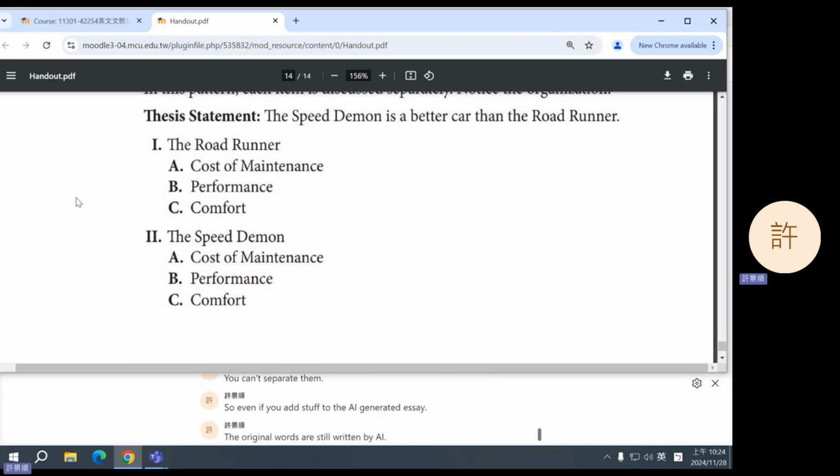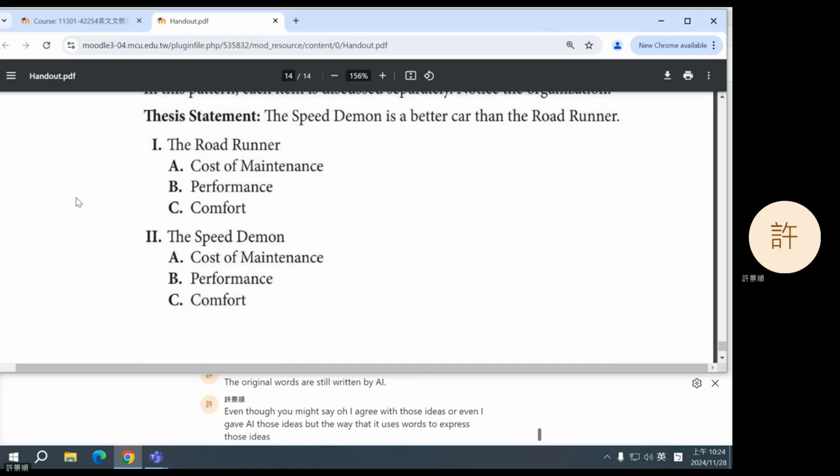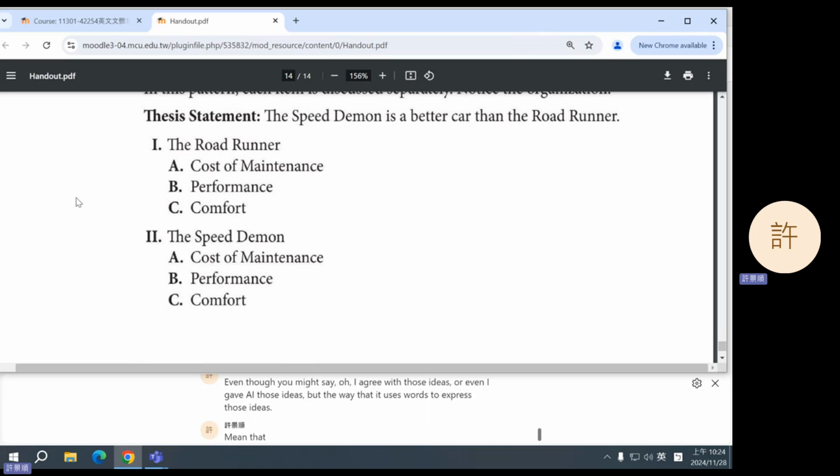Even though you might say, oh, I agree with those ideas, or even I gave AI those ideas, the way that it uses words to express those ideas means that they are no longer your ideas. They now belong to AI. So I know that sometimes when you're reading the AI generated stuff, you might feel like, wow, it has such great English.